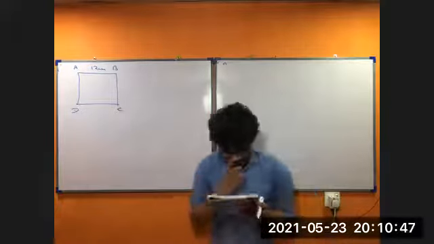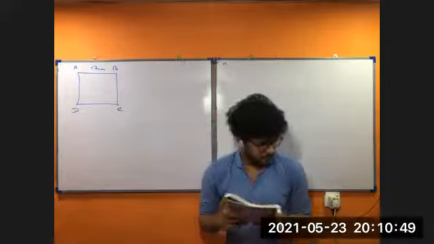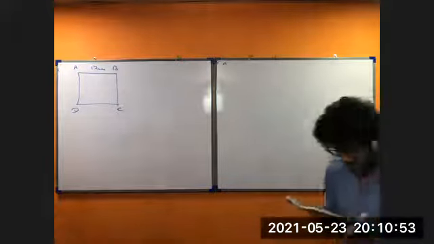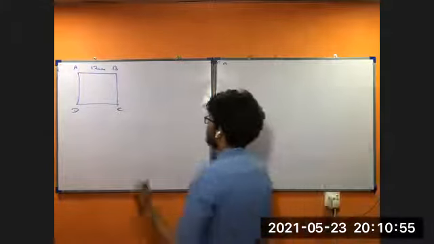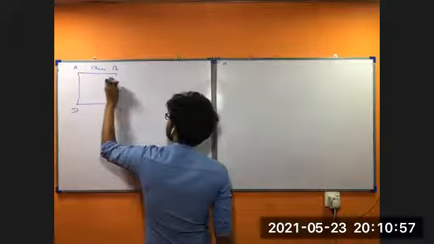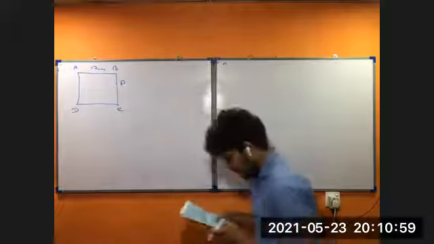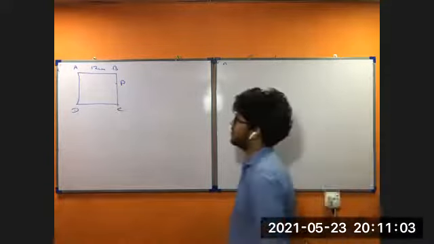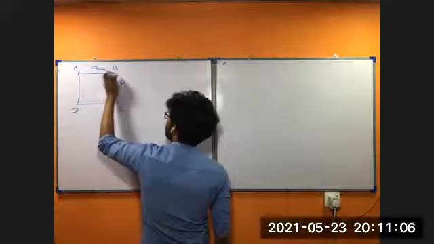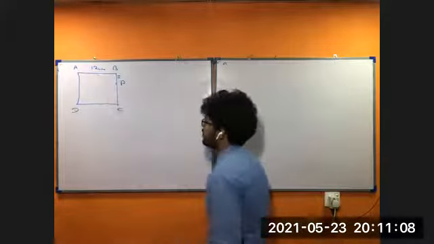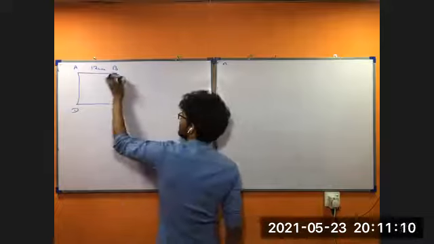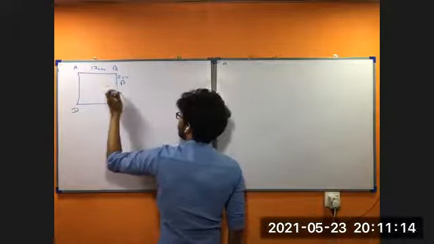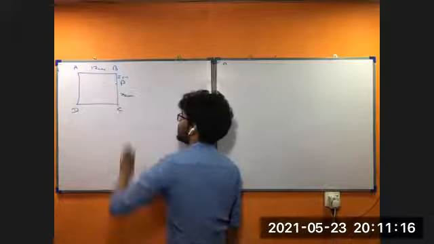Then point P lies on the side BC such that BP is equal to 5 centimeters. If BP is equal to 5 centimeters, PC is going to be how much? 12 minus 5, 7 centimeters.